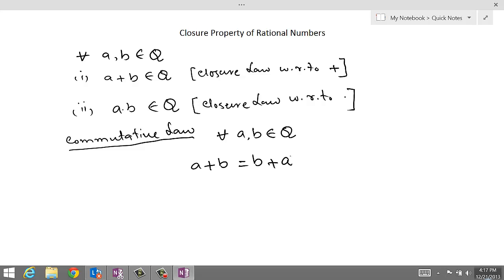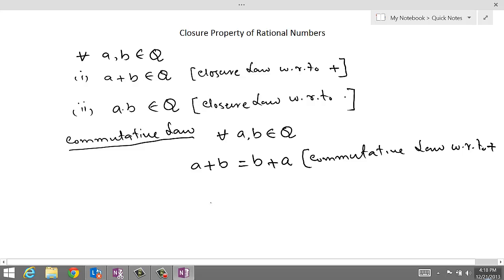While adding numbers, if you switch over their places, the answer doesn't change. This means that the commutative law with respect to addition is true for rational numbers. This is called commutative law with respect to addition.